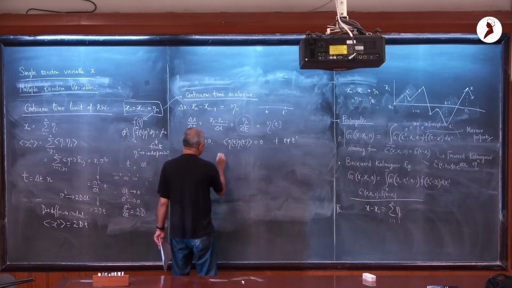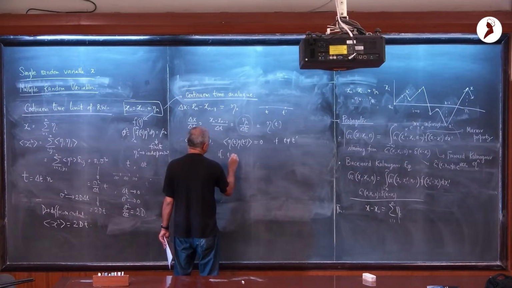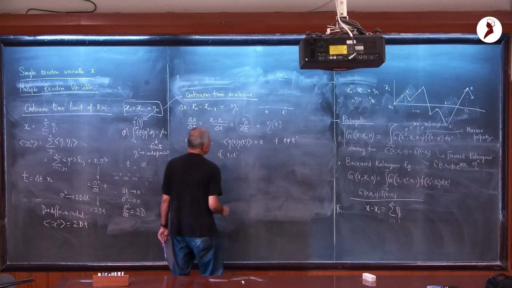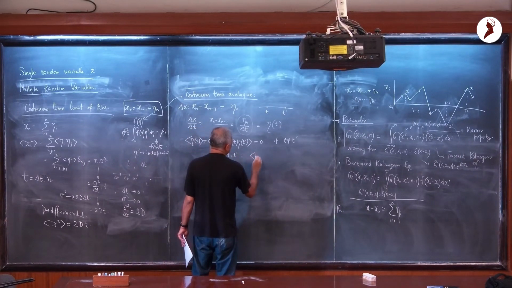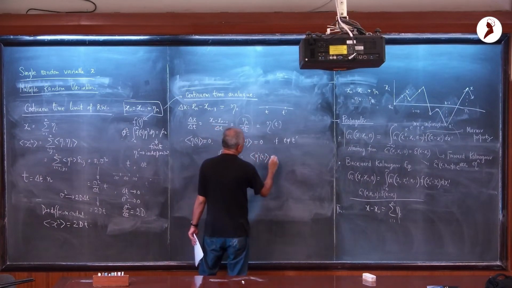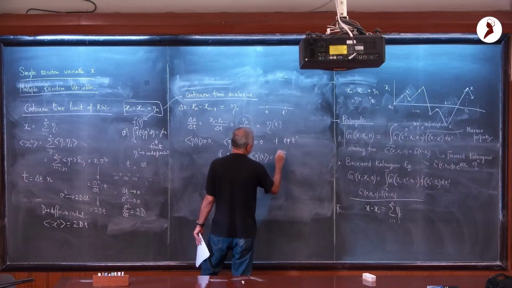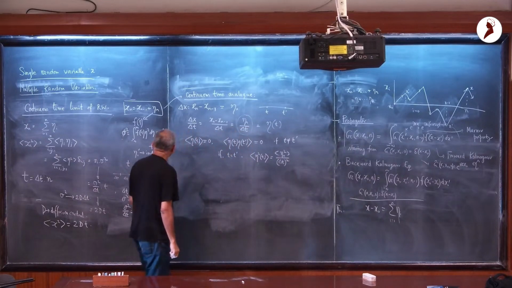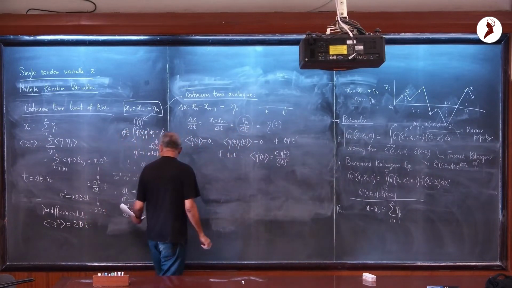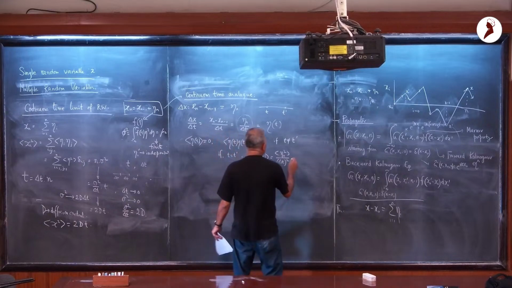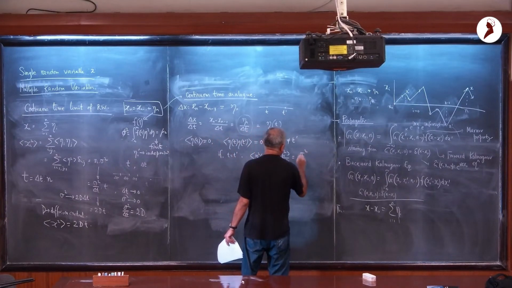However, if t equal to t prime, then you see that this guy, eta square of t, by the definition, this is eta n squared by delta t squared. Now, what is eta n square? We just said eta n square is just sigma square over delta t square.